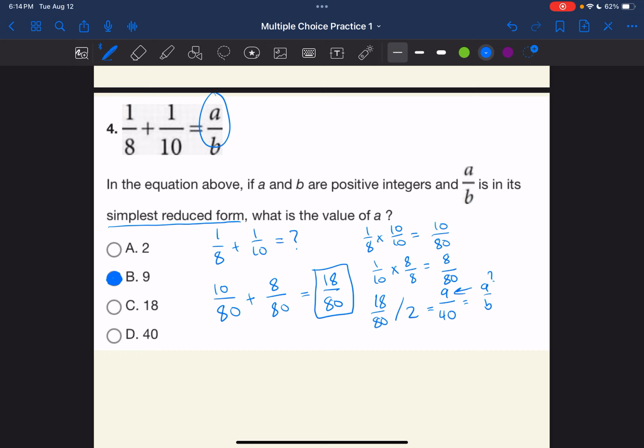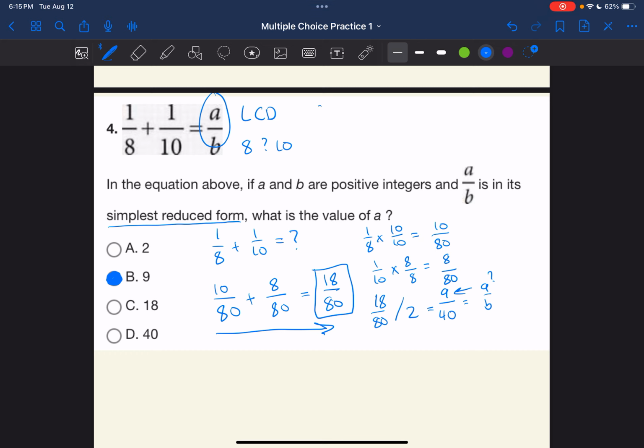Instead of going through just simply adding the numbers and then reducing it, we can find what's called the least common denominator, which means between 8 and 10, what is the smallest number that they have in common?